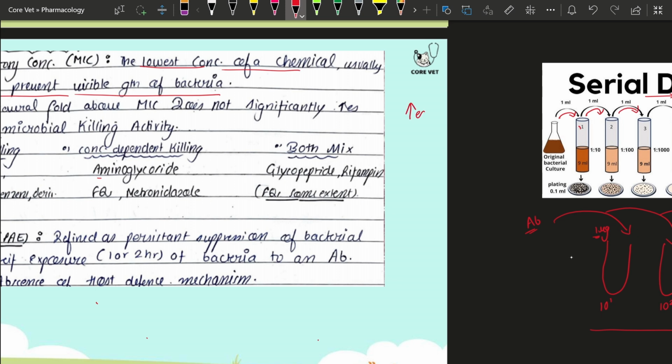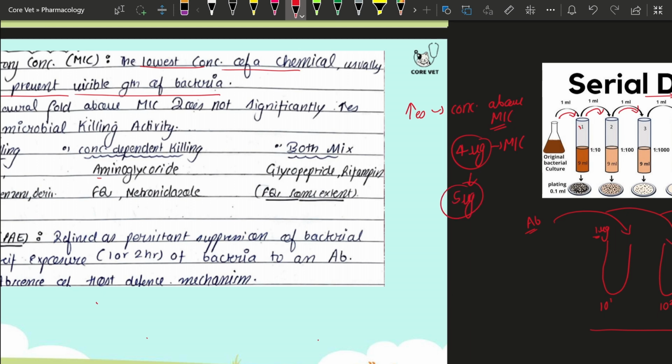Now, it's not necessary that increasing the concentration of a drug above the MIC will give a better response. Say what we obtained, 4 microgram, was the MIC for a certain drug.